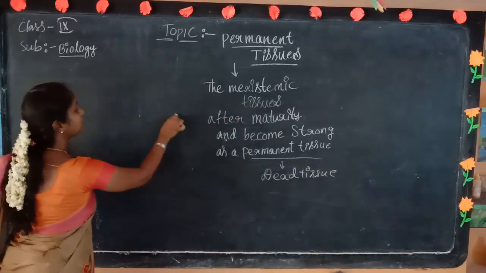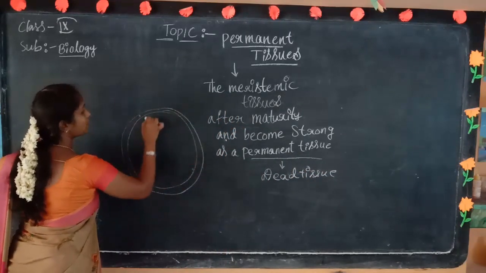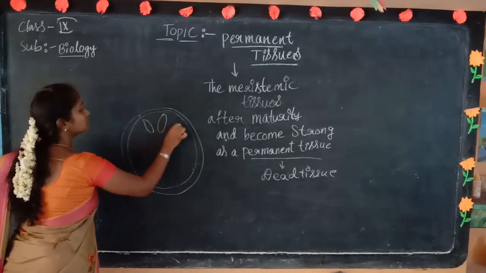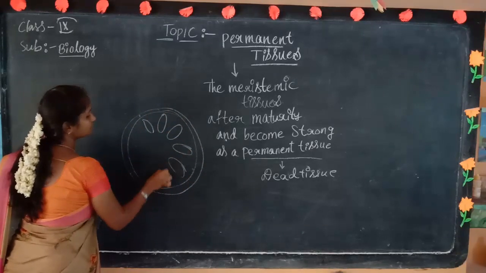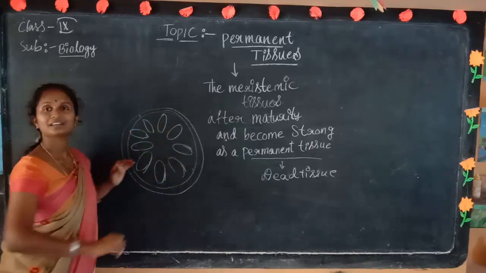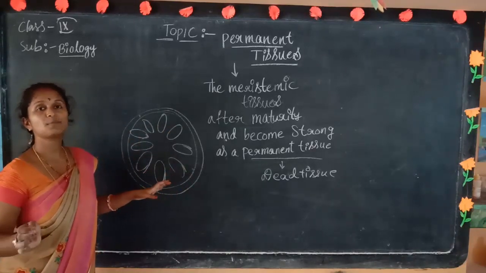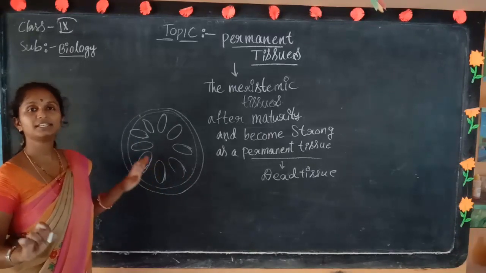Only around the outside will be dead cells. Actually, this is the stem. Around it will be dead cells, but inside the permanent tissues the cells are live only. But the growth of the plant will be increased with the help of intercalary meristematic tissues.